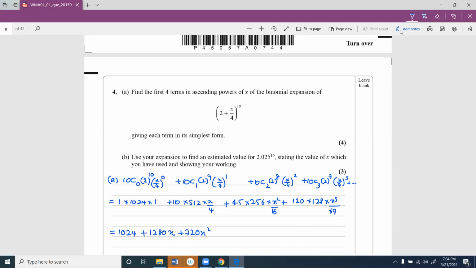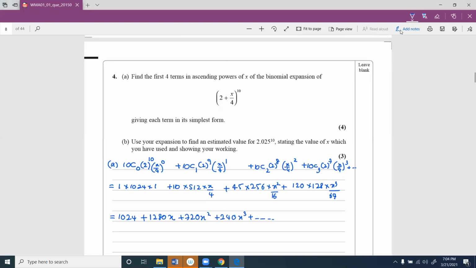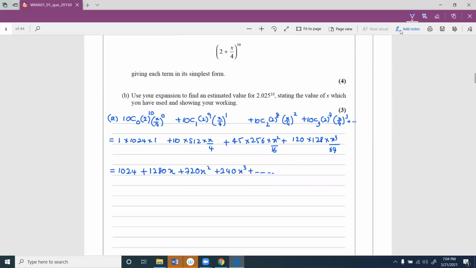Then the next value is 120 into 128 divided by 64, 240, plus 240x to the power 3. It continues, but they need the approximation up to this extent only. Right? That's the answer for part A.